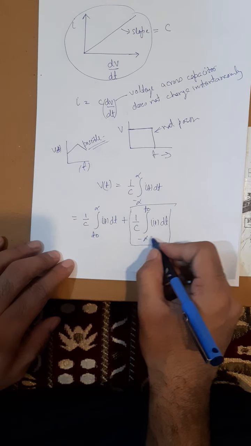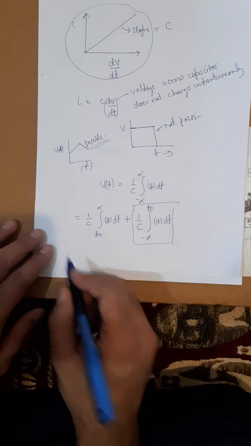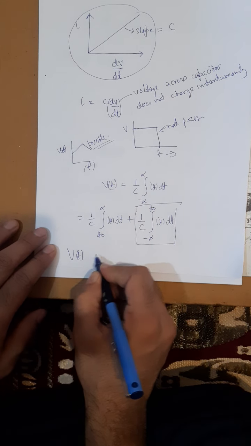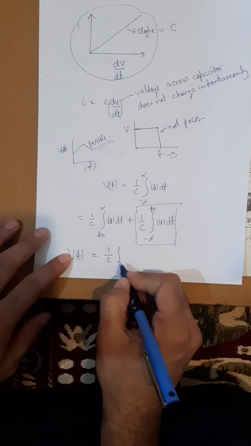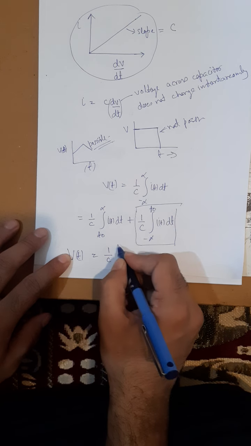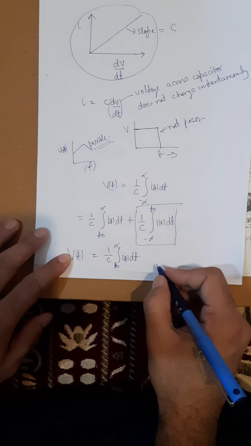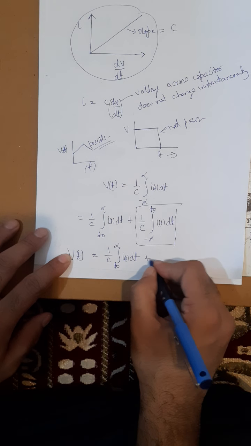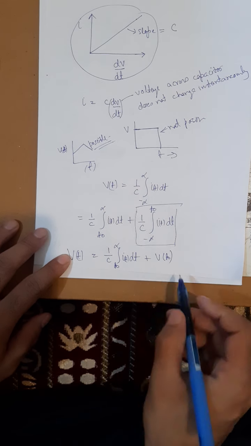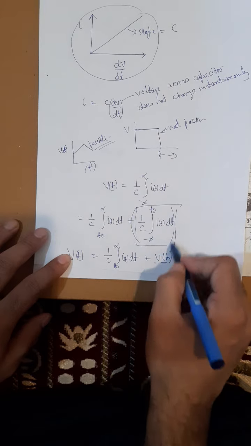So I can represent this term by v(t0). So V(t) = 1/C integral from t0 to t of i(t) dt plus V(t0). V(t0) comes from this term.